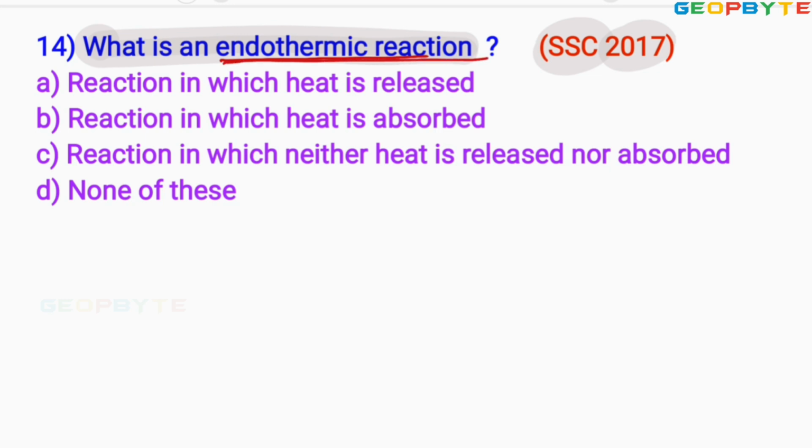During the endothermic reaction, heat is absorbed. Therefore, option B is absolutely correct. Once again, exothermic reaction is releasing the heat, whereas endothermic reaction is absorbing the heat. That is the reason I have selected option B as correct.